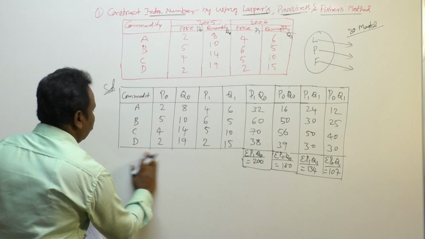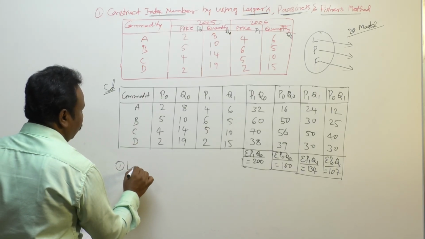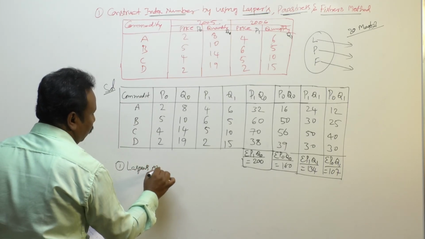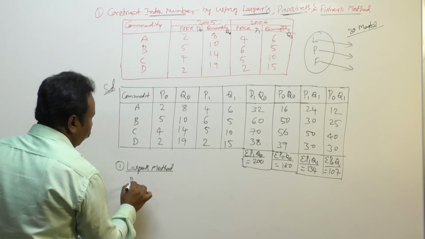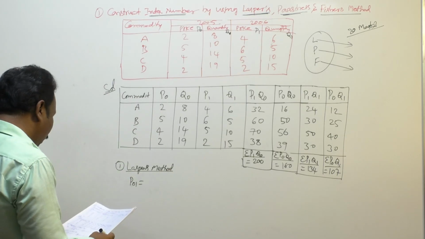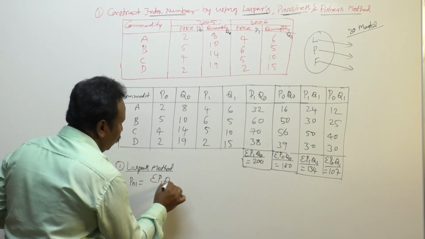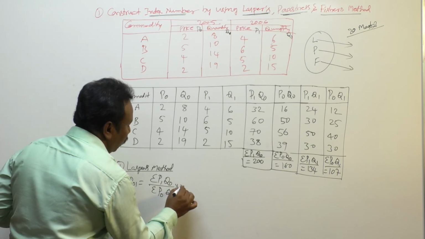Then, number one, Laspeyres' method. The index number equals sigma P1 Q0 divided by sigma P0 Q0 into 100.